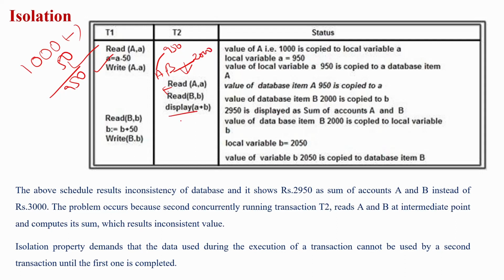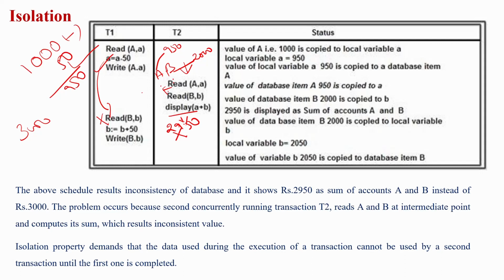After executing this statement, the result will be 2950, but actually it should be 3000, because we are transferring 50 from one account to the other. The T2 transaction is interfering and accessing the A and B account values in between, so it results in inconsistency.